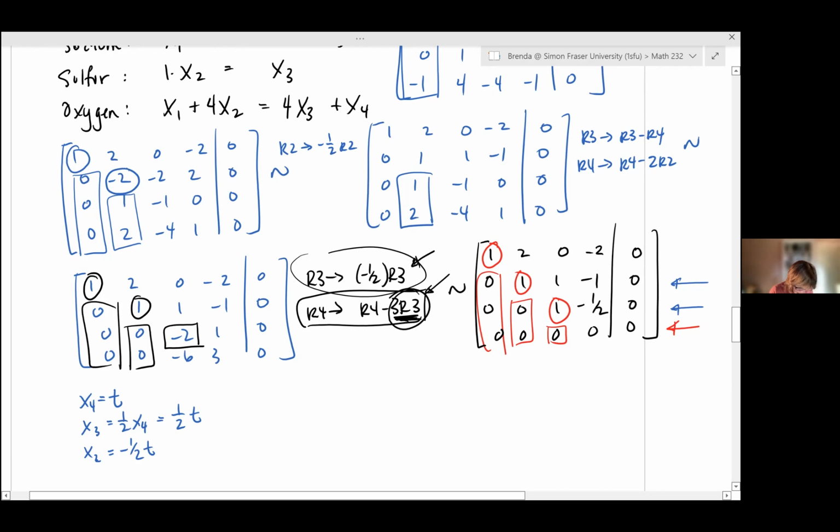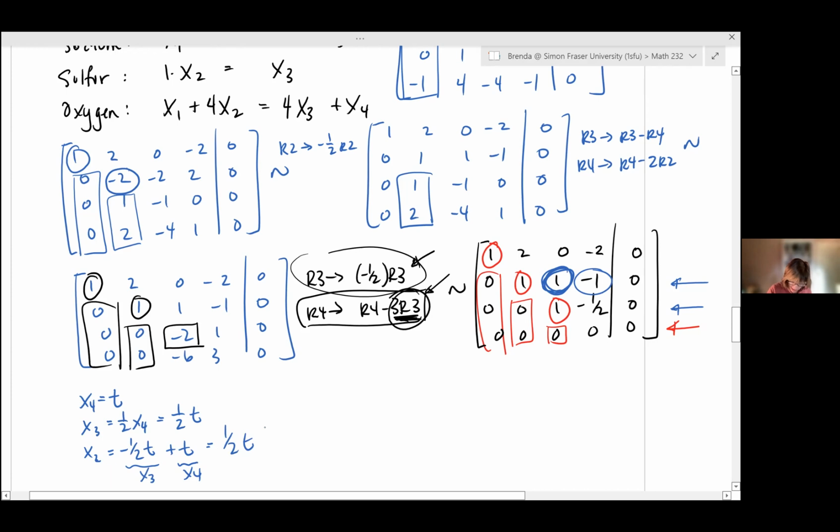Hang on a sec. Minus 1/2 t. Oh yeah, that's because here is x3. Sorry, that's x3. This right here is x3. And then I have plus t, that is x4. And those two together is 1/2 t.